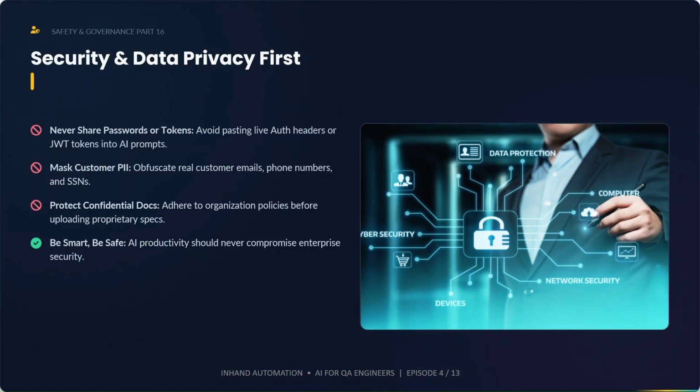You can use one technique, masking, instead of that particular confidential information. You can provide some random numbers. You can remove the sensitive data. Use the organization approved tool. AI productivity should never come at the cost of your security or privacy. So please make sure, guys, do follow security and data privacy first.